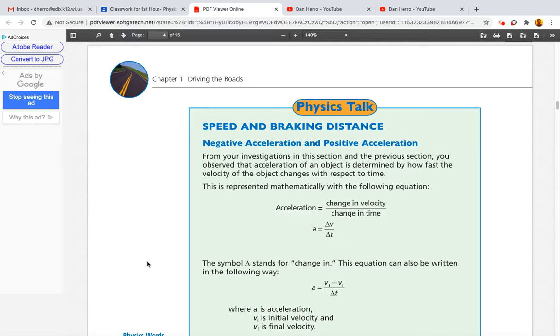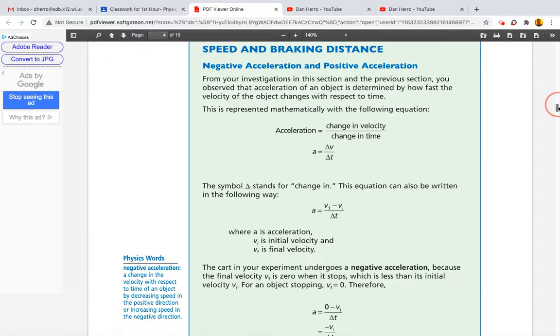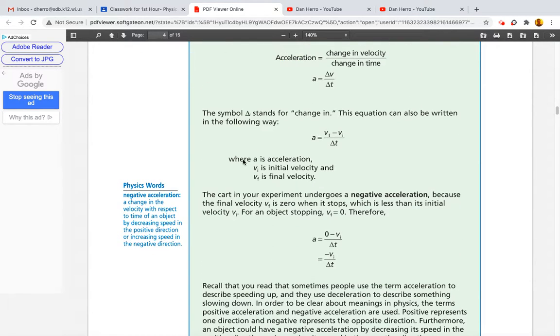This equation can also be written in the following way, where A is acceleration, VI is initial velocity, and VF is final velocity. So acceleration equals final velocity minus initial velocity divided by change in time.